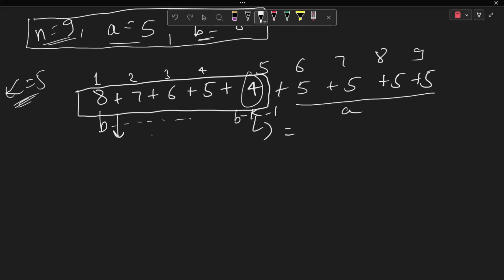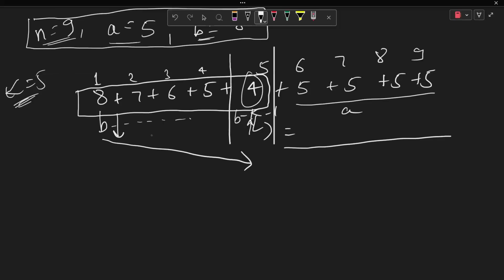So if we choose a particular K, we can decide till which point we go. If we are taking K equal to 5, we are dividing it like this. Till K equal to 5, we are going from B and reducing up till B minus K plus 1, and for the remaining part, we are taking just constant A. So what we could have done, if we had reduced the K, this 4 would have come to the A part, and this 4 could have been 5.